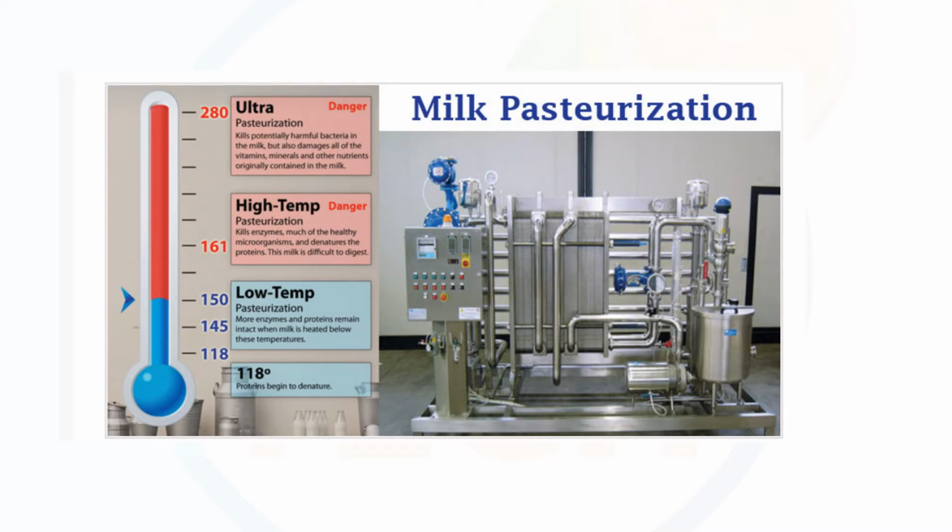High temperature is dangerous: it kills the enzymes and healthy microorganisms and denatures proteins, and this milk is difficult to digest. Ultra pasteurization kills the pathogenic harmful bacteria and spores in milk, but damages all the proteins, vitamins, and other nutrients in the original milk.